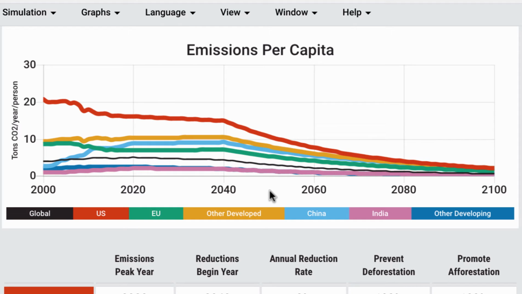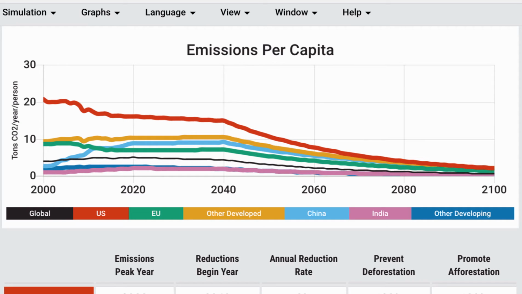And now I find out with this deal, it's actually Americans who are emitting the most on a per-person basis. And other developed countries are number 2. China's mostly number 3 here, and Europe's number 4. So I'd have to say other developing countries, way down here at the bottom, they're actually not the villains of this scenario. They're the heroes.